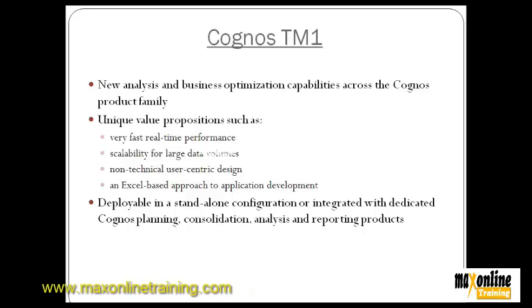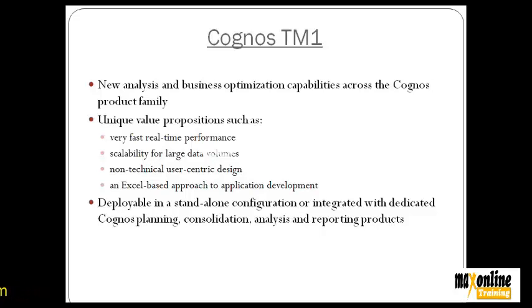So just a bit about the properties of TM1. It's a very fast, real-time performance. I mean, the data retrieval speed in TM1, the way you look at the data, is very fast. It's real-time, okay, and it can store large volumes of data, and it's an easy-to-use tool for the end user.